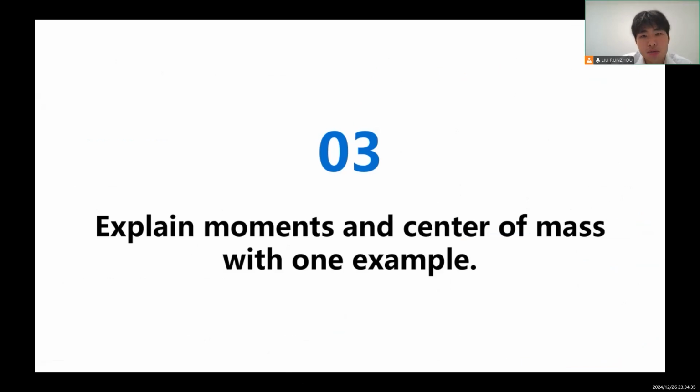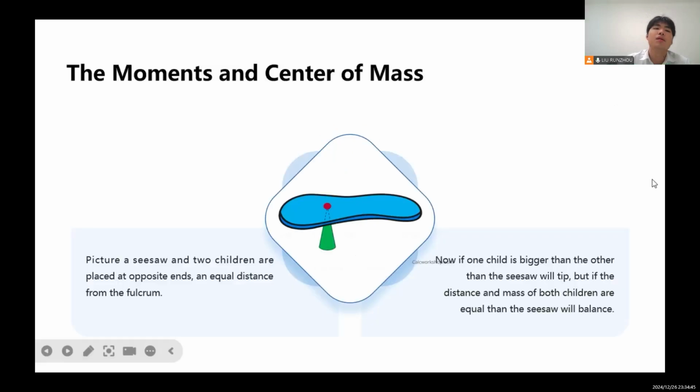Well, let's go to the last part, the third part. Explain moments and center of mass with one example. Well, we can picture a seesaw and two children placed at opposite ends, an equal distance from the fulcrum. Now, if one child is bigger than the other, then the seesaw will tip.